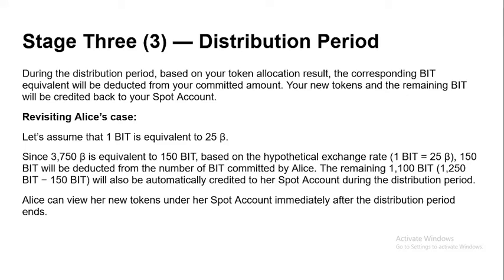Since 3,750 of a certain token is equivalent to 150 BIT based on the hypothetical exchange rate, 150 BIT will be deducted from the BIT committed by Alice. The remaining 1,100 BIT, that is 1,250 minus 150 BIT, will also be automatically credited to her spot account during the distribution period. Alice can view her new tokens under her spot account immediately after the distribution period ends.